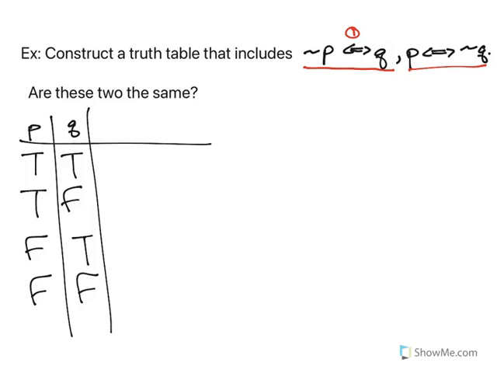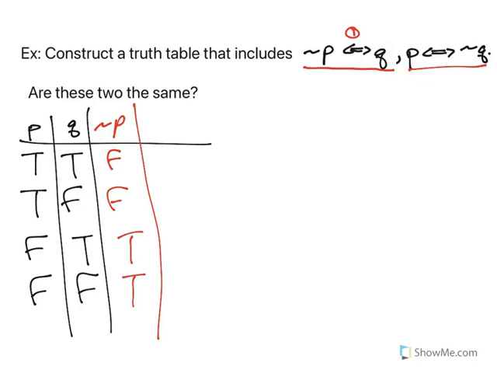Now, in number 1, we are dealing with a statement of not P. So let's go ahead and negate P. Remember, when you negate a statement, we're dealing with opposite truth values. So P has a column of true, true, false, false, so not P is going to be the opposite: false, false, true, true.